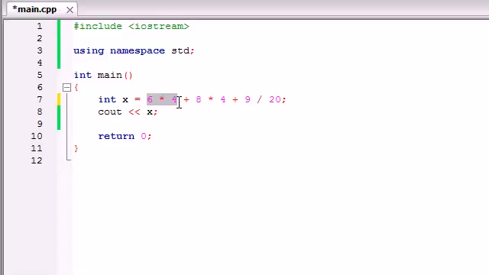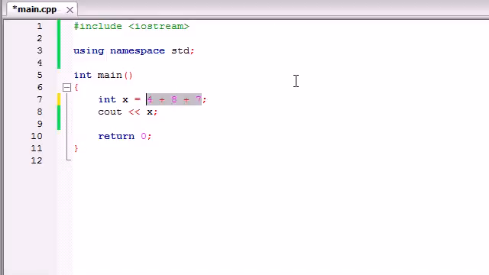And then it does your addition and subtraction. If you just have 4 plus 8 plus 7, is it going to do 8 plus 7 first or 4 plus 8 first? It really doesn't matter. It comes out the same either way.